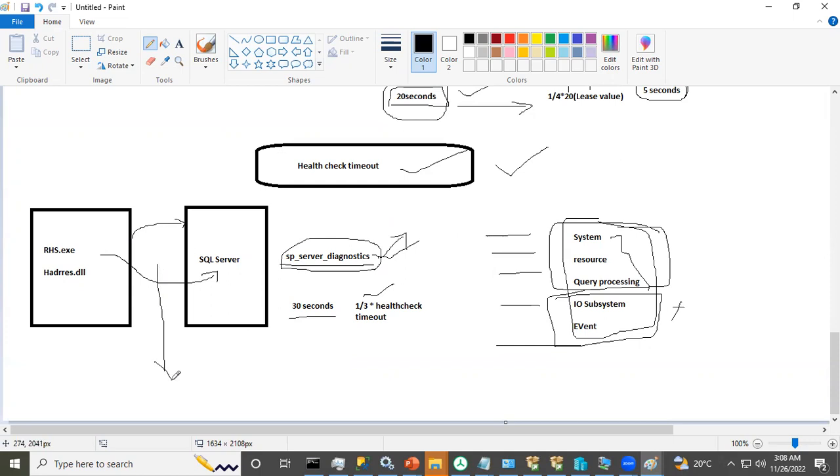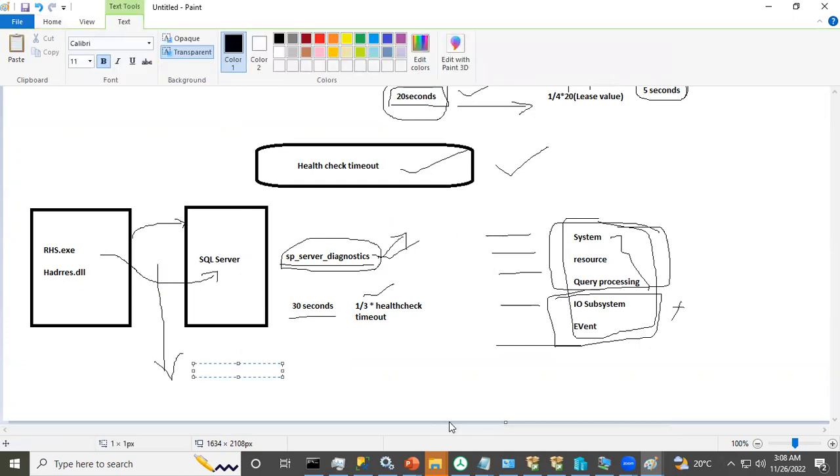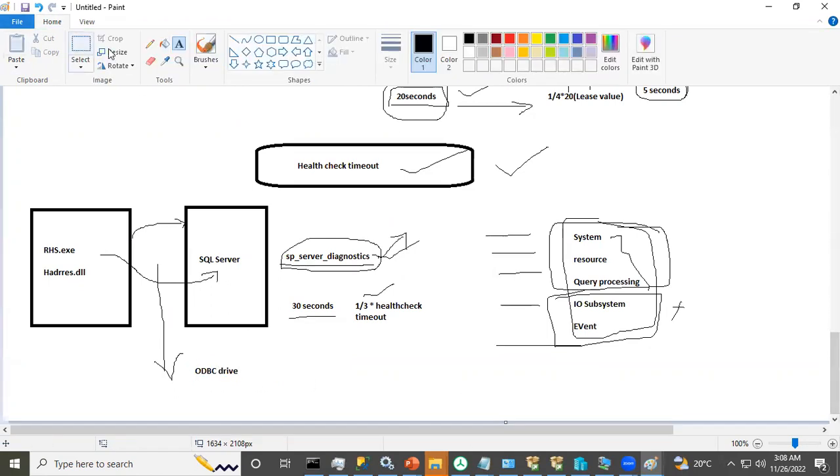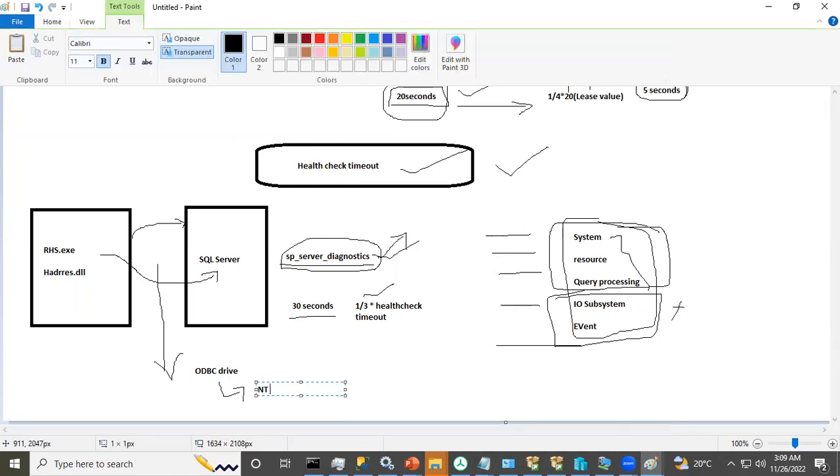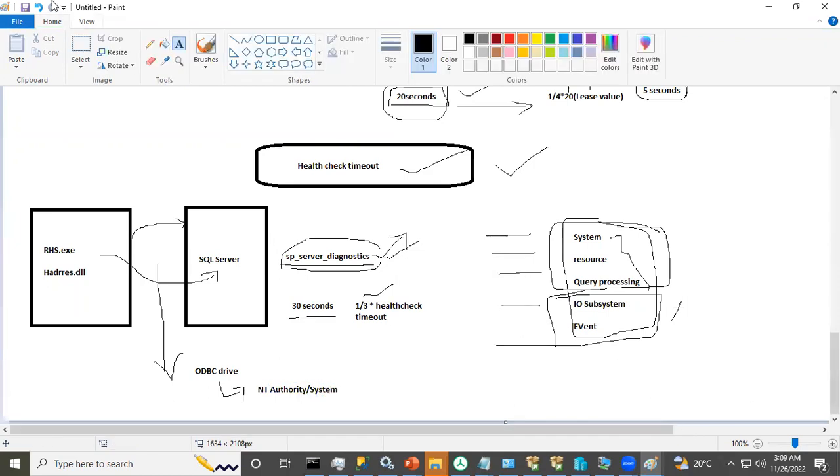There is something called a driver. We call it the ODBC driver. It opens a connection through the ODBC driver using a login called NT AUTHORITY\SYSTEM, and executes sp_server_diagnostics.